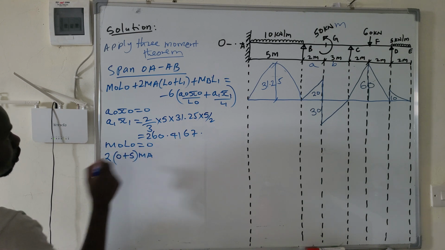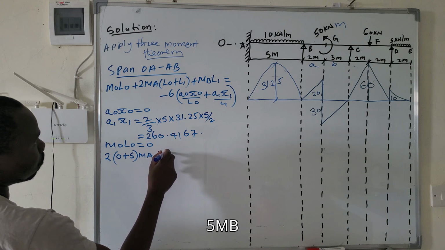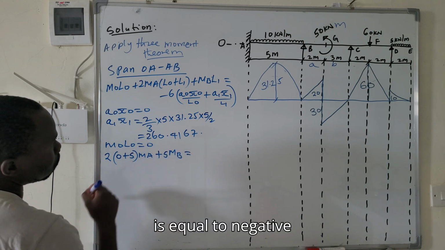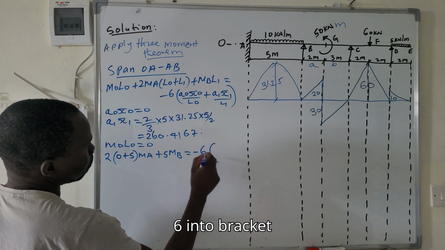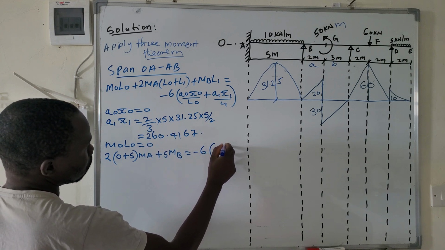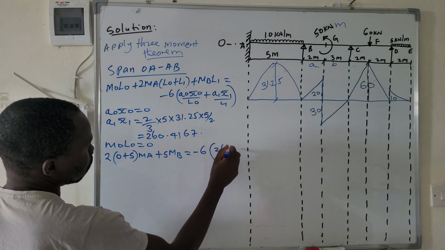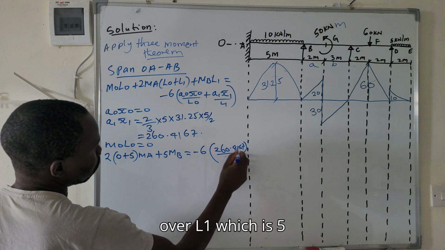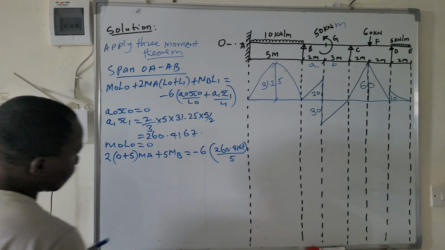MA plus L1 is 5, MB is equal to negative 6 into bracket 260.4167 over L1, which is 5, like that.